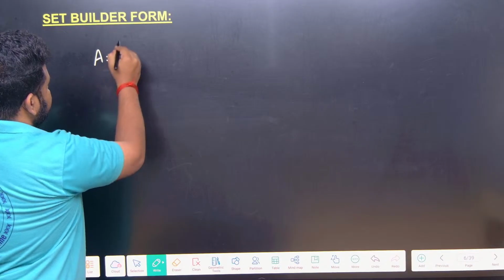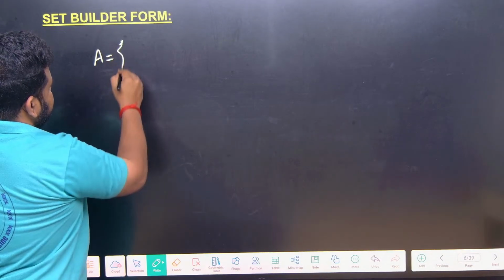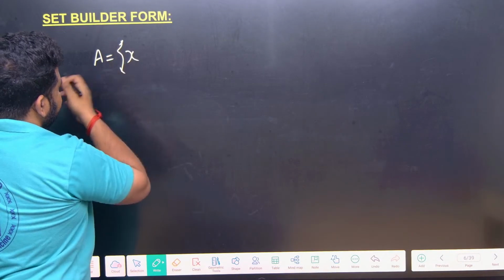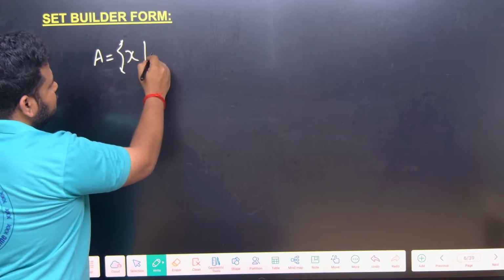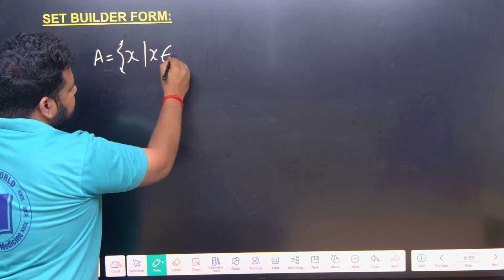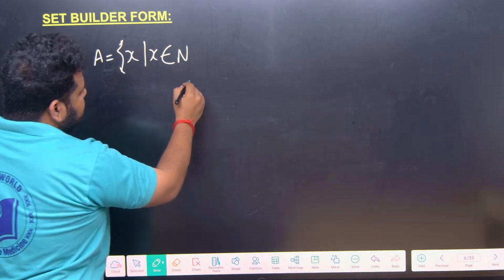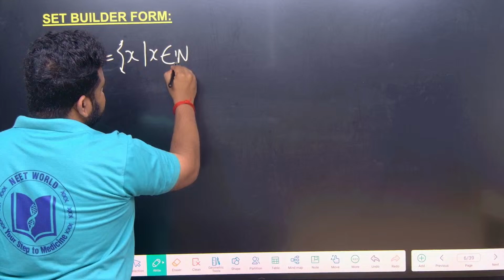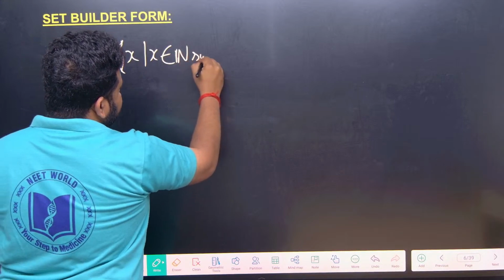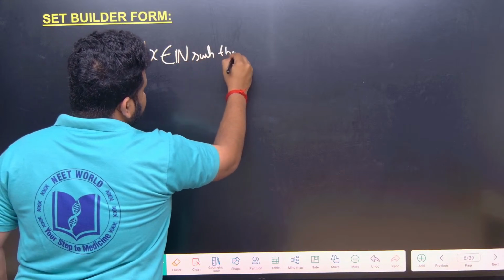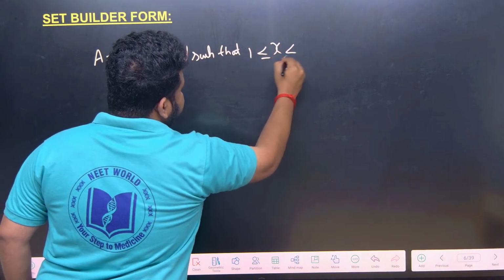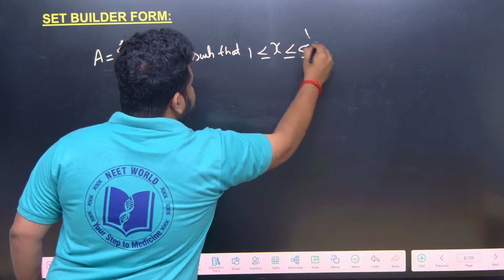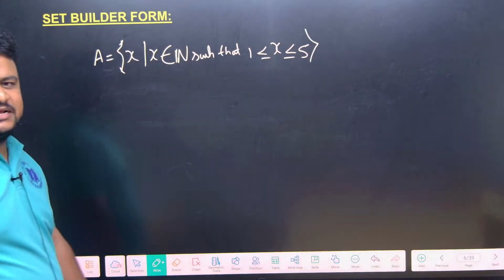Let A be a set of X, where X belongs to, let me take it as natural numbers, such that X is greater than or equal to 1 but less than or equal to 5.